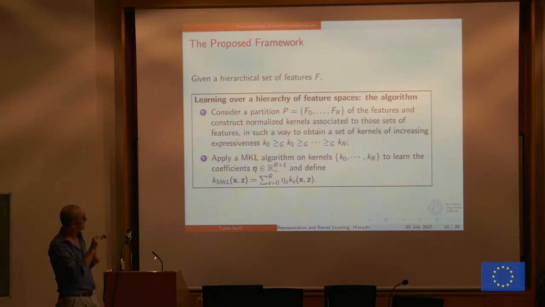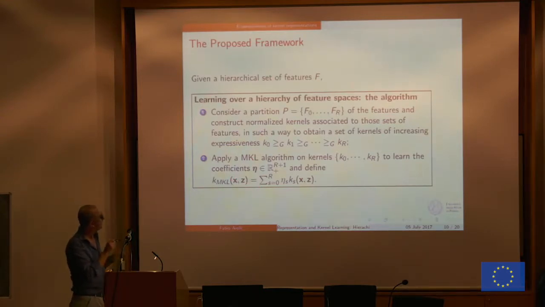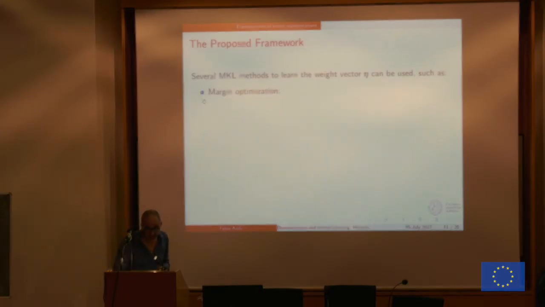So we compute the weights of the combination and use these weights to compute the final multiple kernel learning kernel. Here there are many degrees of freedom, for example, the choice of the multiple kernel algorithm you choose here, and how you decide which kernel to use here.